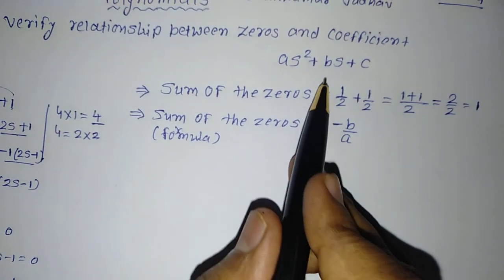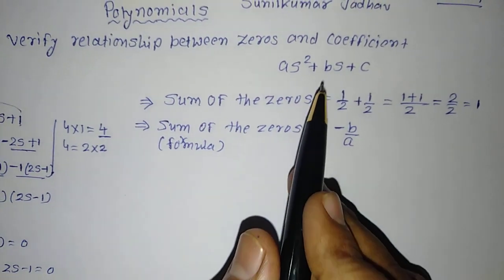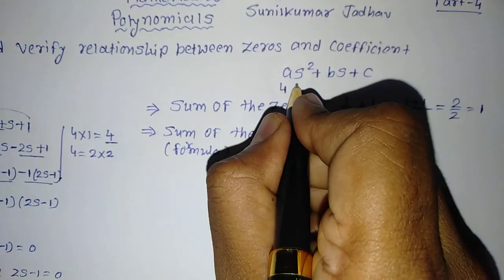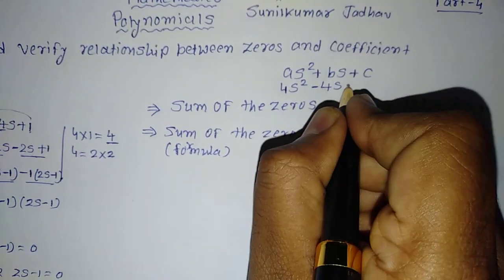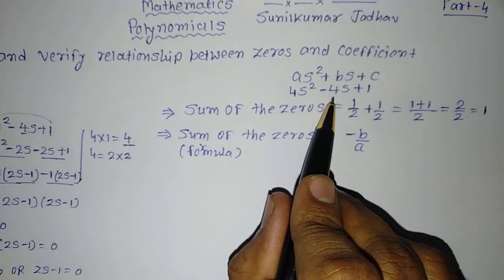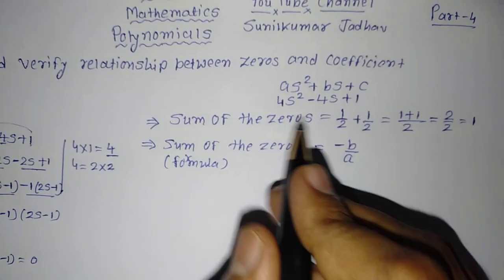Why have I written s here? Because here the unknown term is s instead of x, and our given polynomial is 4s square minus 4s plus 1. So we could write the values of a, b and c. You can compare it.